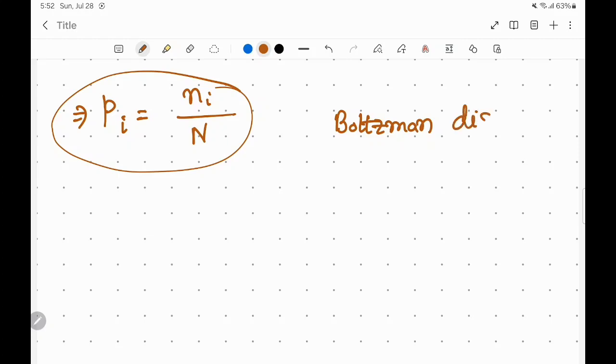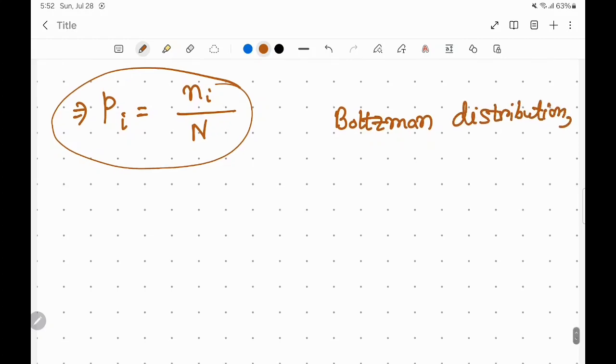Boltzmann distribution. If you want to consider a molecule, let's say in the i level, then it will be N0, where N0 is the ground level, e to the power minus beta into epsilon i minus epsilon 0. That is the formula discussed in the class.